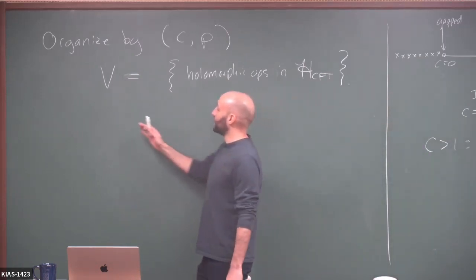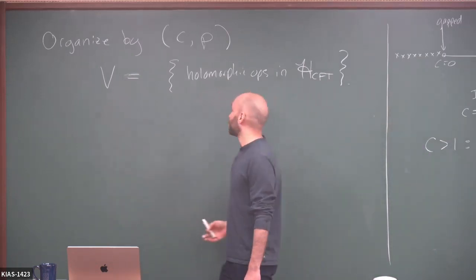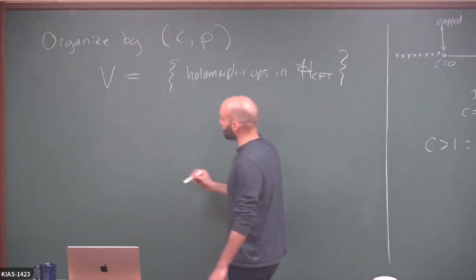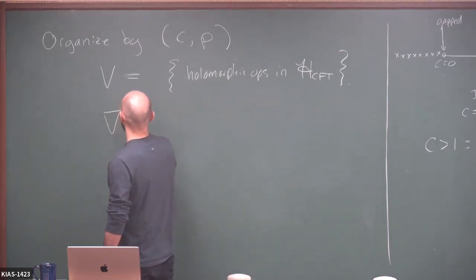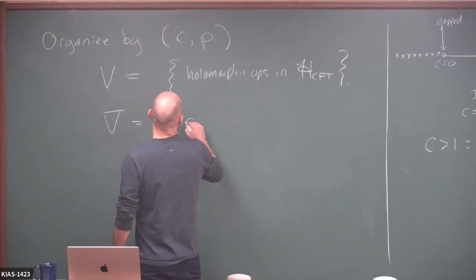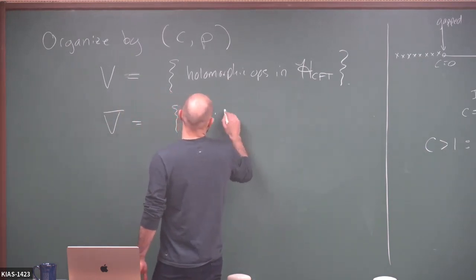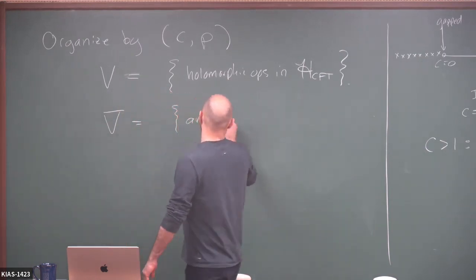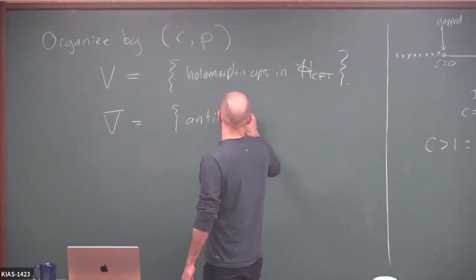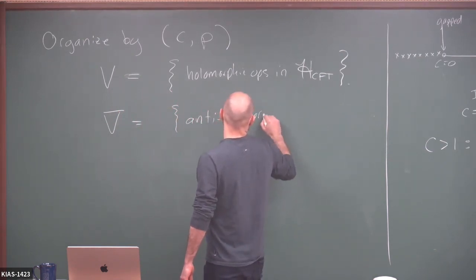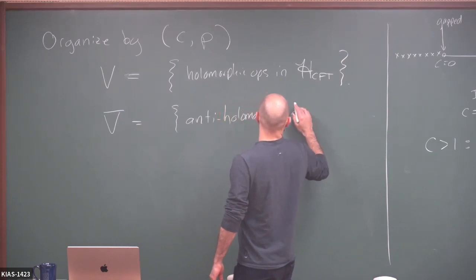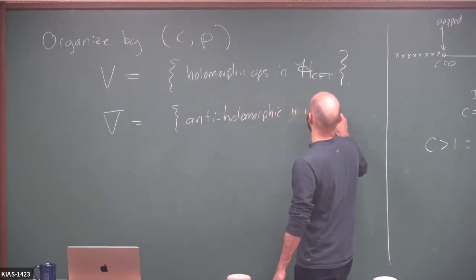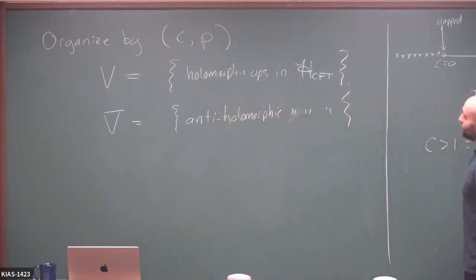And in particular, it's typically a good jumping off point for studying the whole theory. Likewise, you can define a right-moving chiral algebra. It's just all the anti-holomorphic operators in your theory.